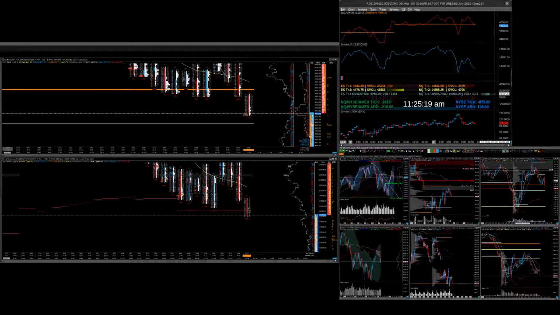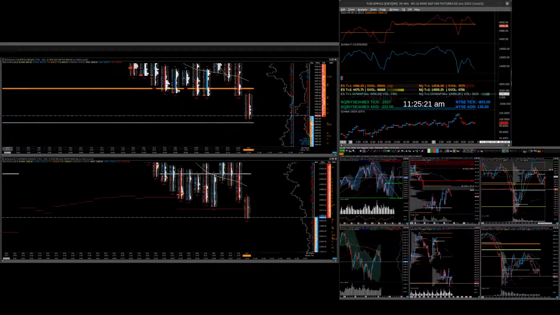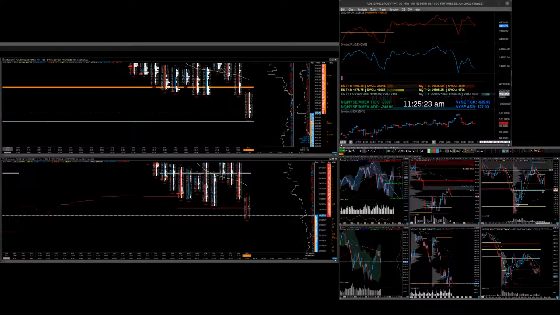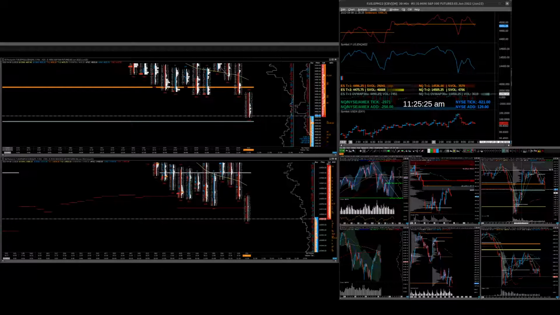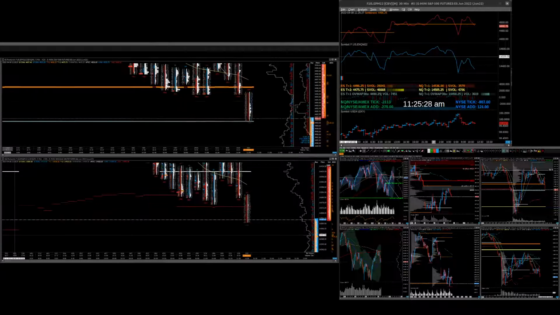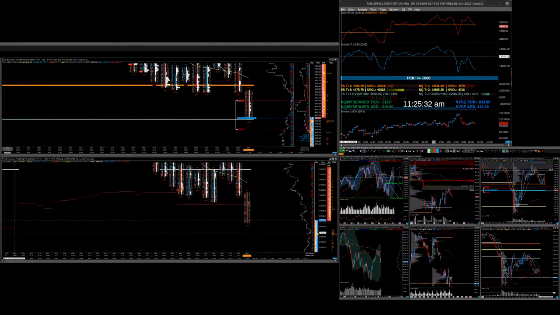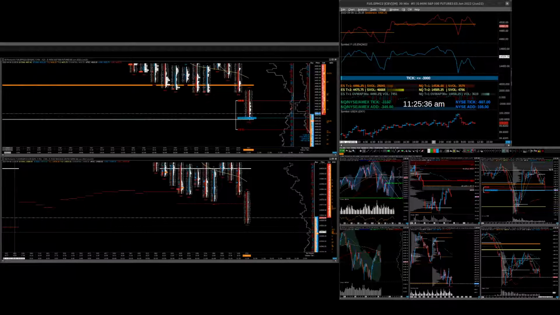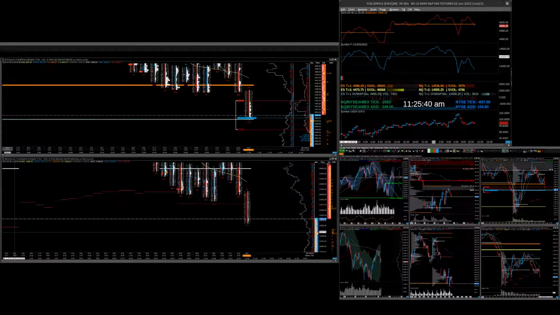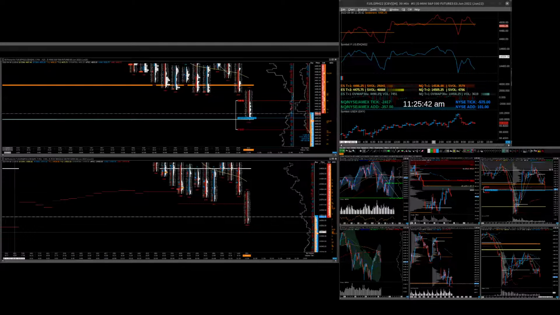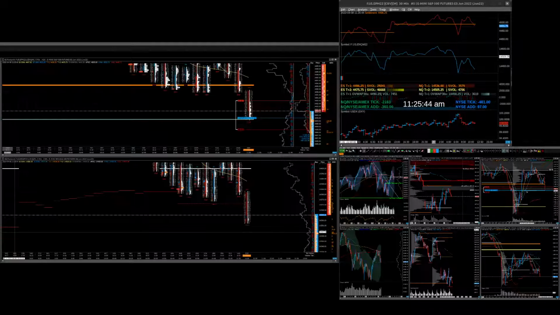Let's look at the bigger picture. All right, false break up, trap the longs, pushing down. This is a support area. Okay, let's give it a shot. 2-point stop, 3-point profit taker. Why? Because look on the 5-minute.